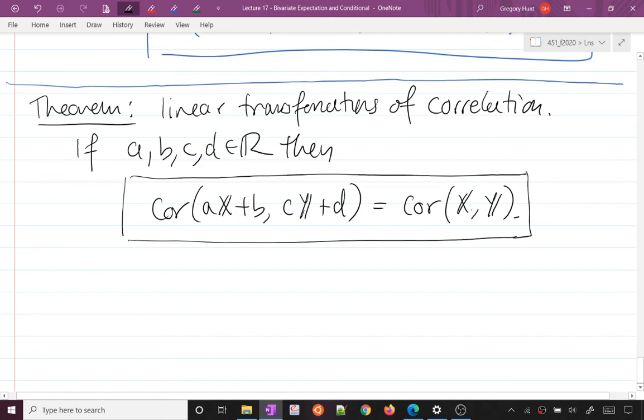The extent to which X and Y are linearly related is the same as the extent to which aX plus b and cY plus d are linearly related. A linear transformation of either of them does not change the fact that they are linearly related. So linear transformations don't change anything.